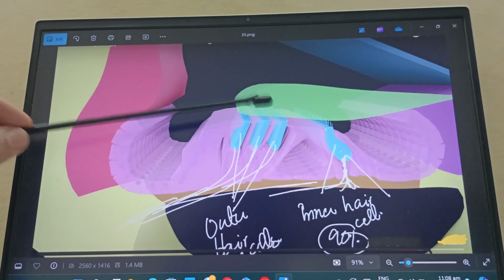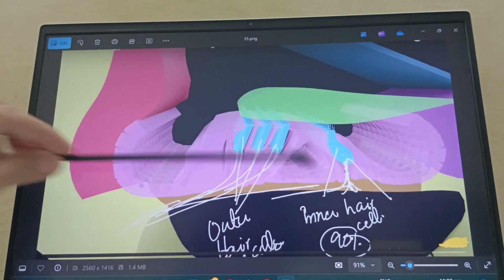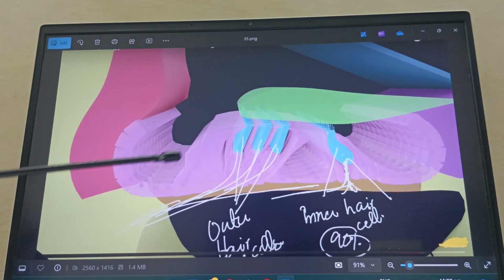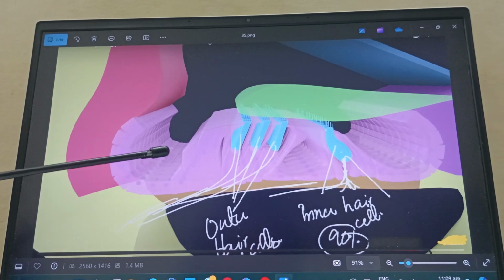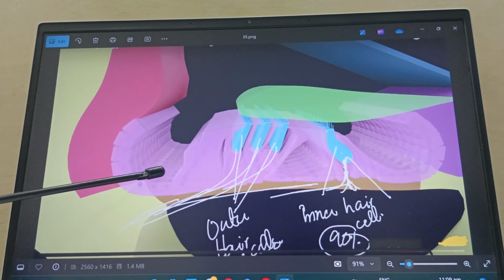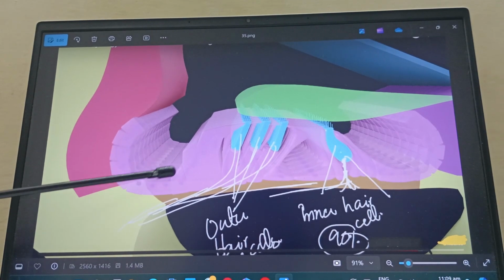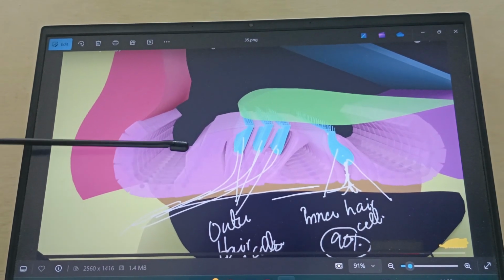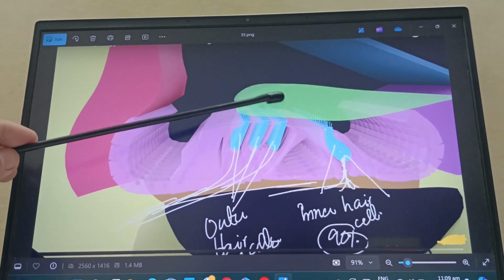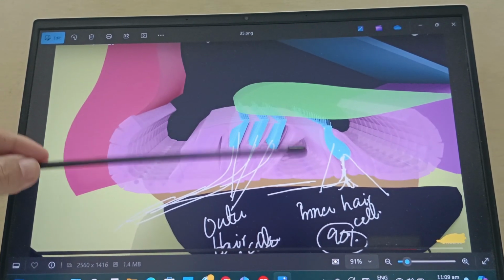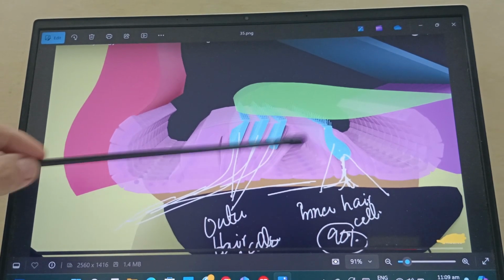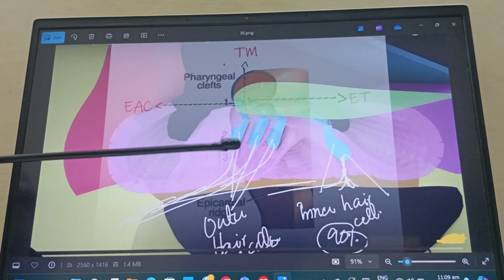You should imagine that it is not present as just one piece, rather it is present throughout the floor of the scala media. So imagine a room with the floor covered with the organ of Corti throughout its whole length. You can see various cells, and this is the tectorial membrane over it, and these are the outer and inner hair cells, and the inner tunnel, making up the organ of Corti.